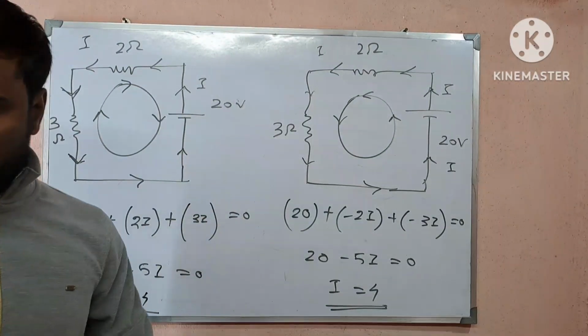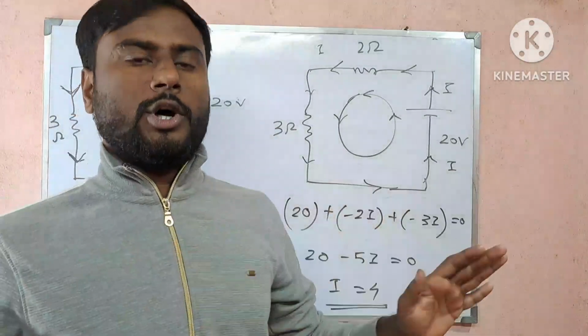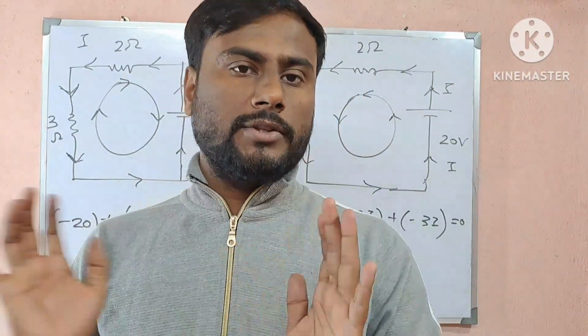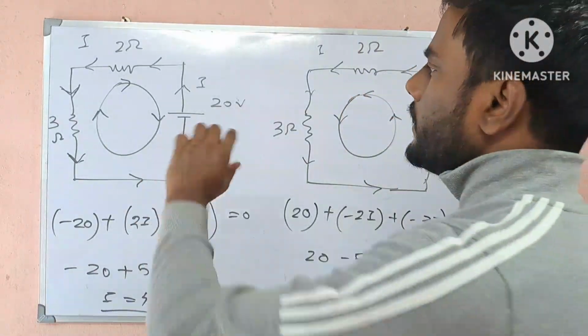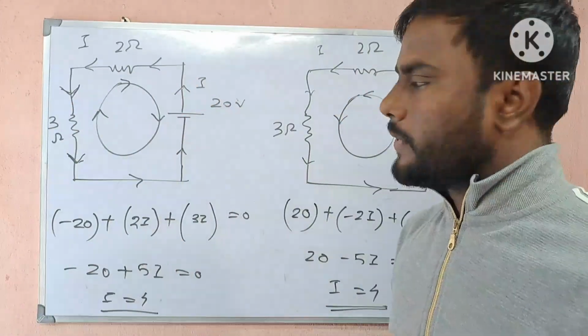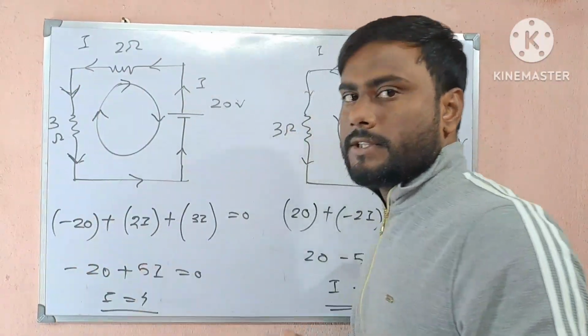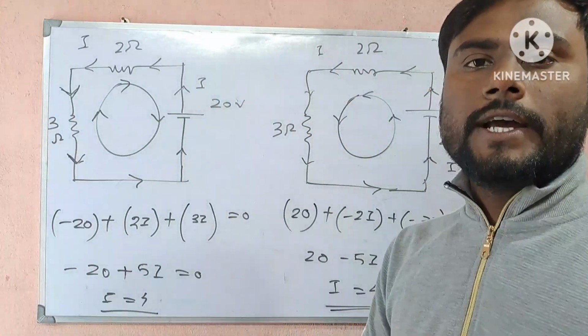So no problem. If you take the path clockwise or if you take the path anti-clockwise, it will not affect your result. And one thing that you have to remember at the time of solving this type of numerical, just imagine during the exam, you choose a path and find a value of current. After calculation, just imagine the value of current is minus 4 ampere. So what will you write in the answer?